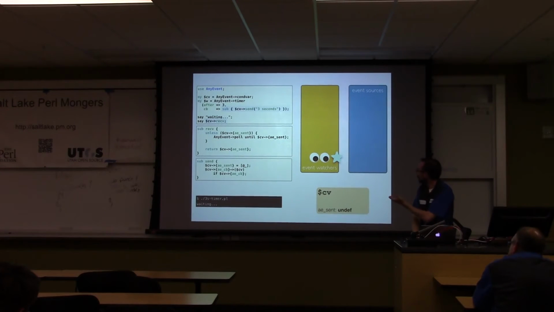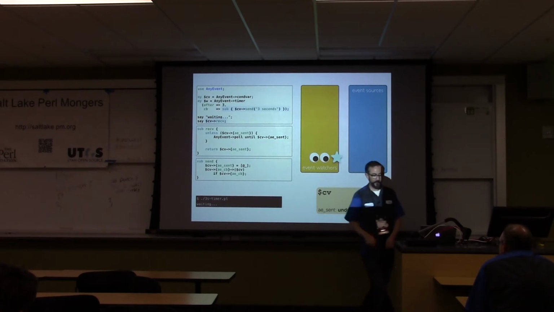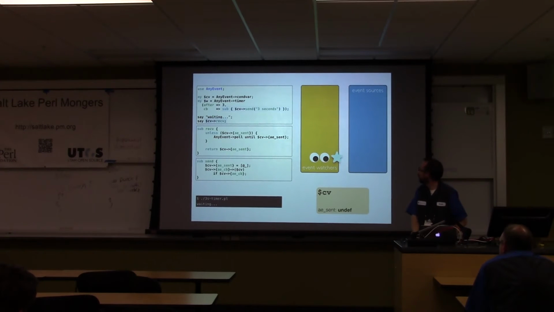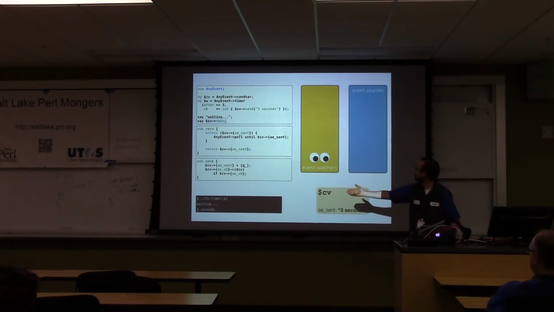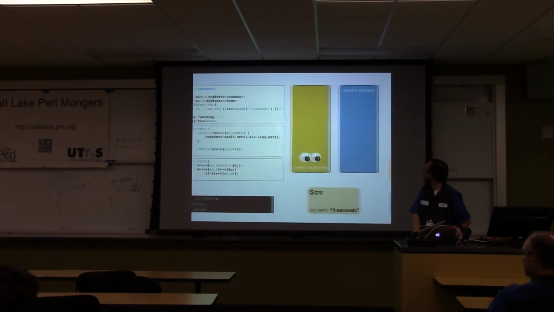Now when we get back to receive, this condition is suddenly true, and so receive returns what was inside AE sent, which is 3 seconds. And then we can finally print it, because say was waiting for that method to come back. And I think that is it for that slide.